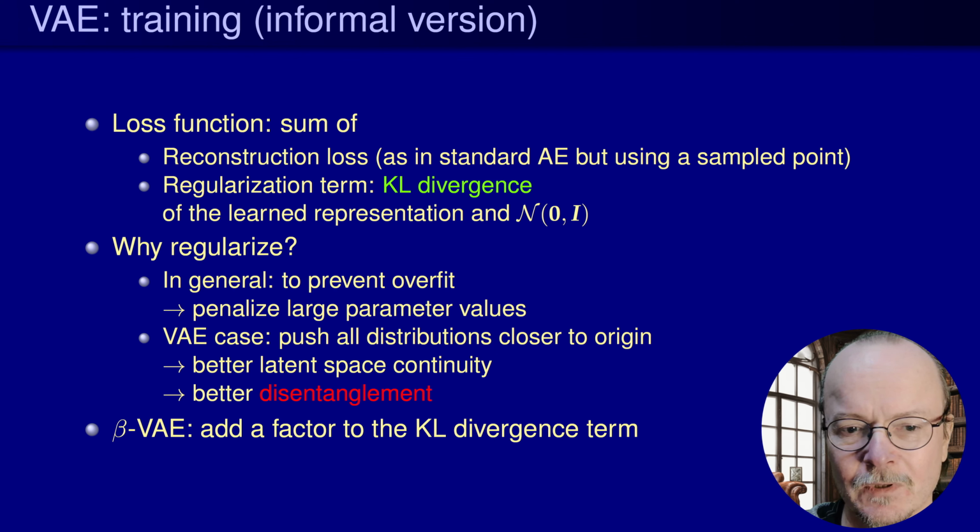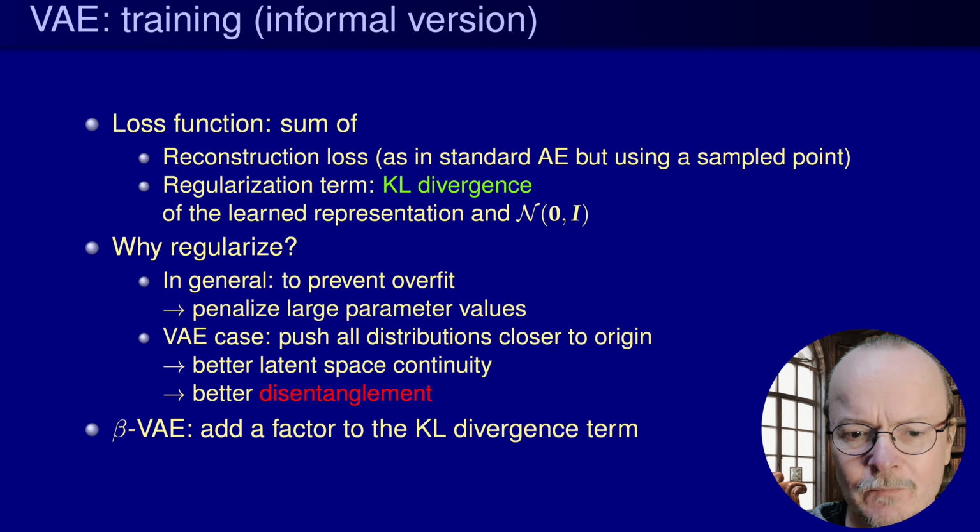Secondly, we want to make sure that the learned latent representations, those learned distributions, are close to the standard normal distribution, zero mean unit variance. Such a comparison is now possible because the encoder actually gives us a distribution, or at least its parameters, which can then be compared to any other known distribution using well-known mathematical tools.